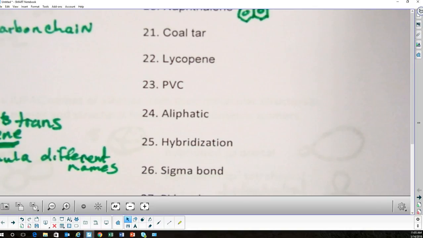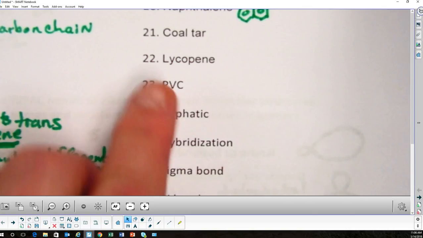We actually end up with coal tar. And this is where we get a lot of tar for the roads, things like that. It's heavy. It's basically coal liquefied. So I'm not going to write it. You write it in your own words.